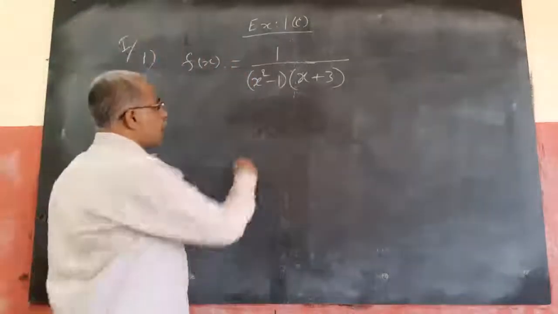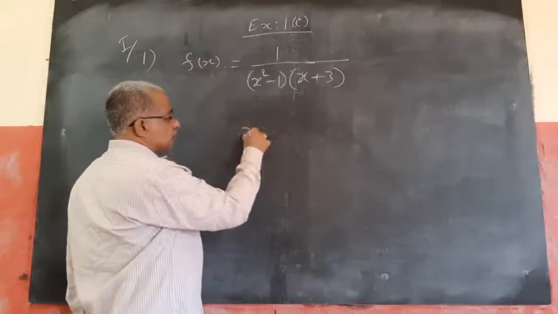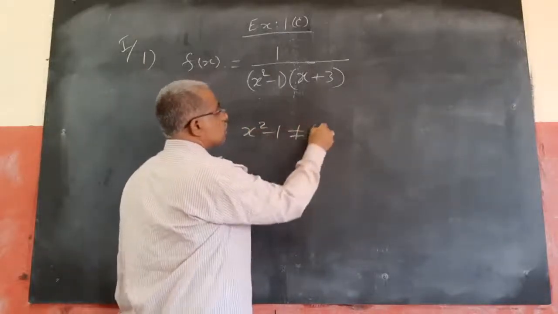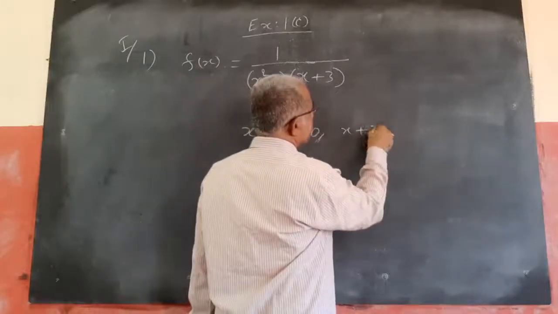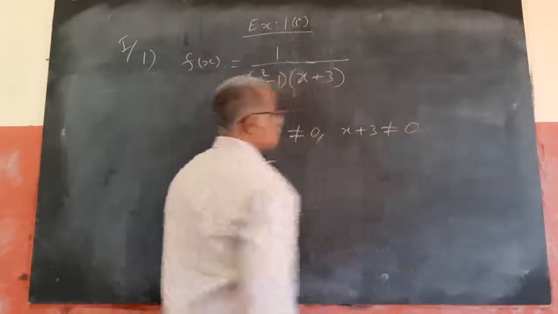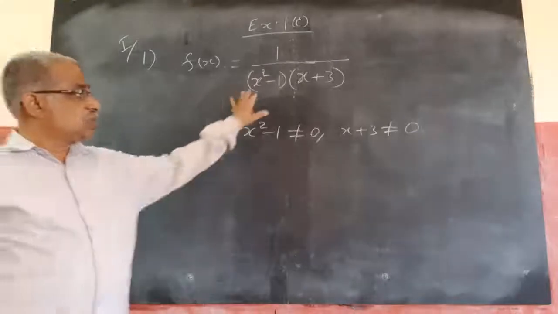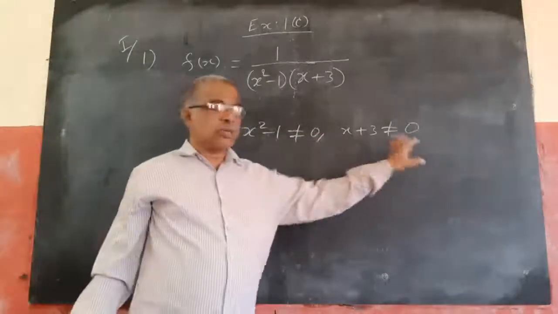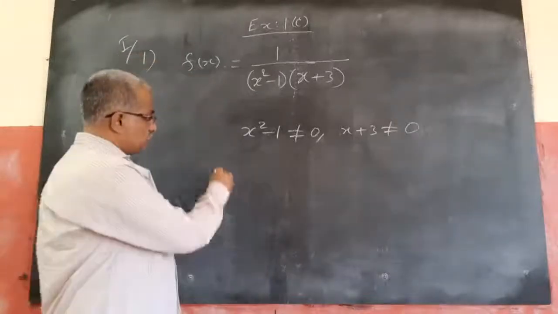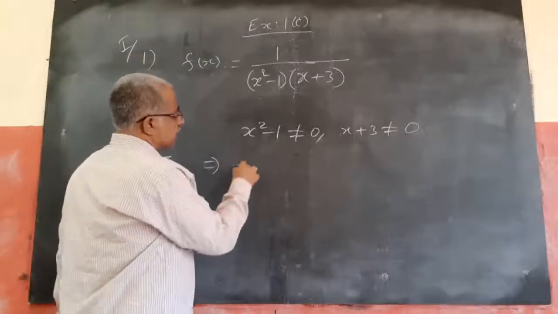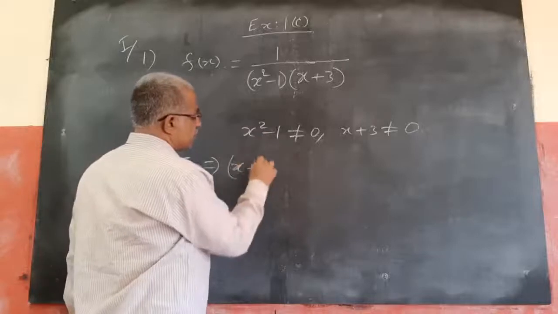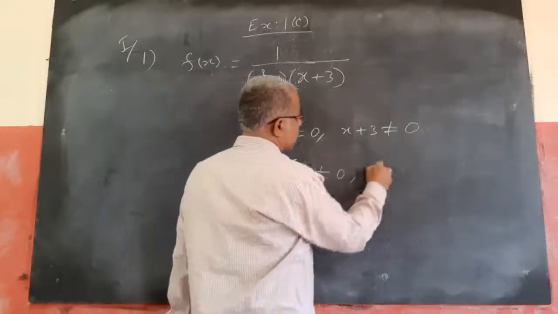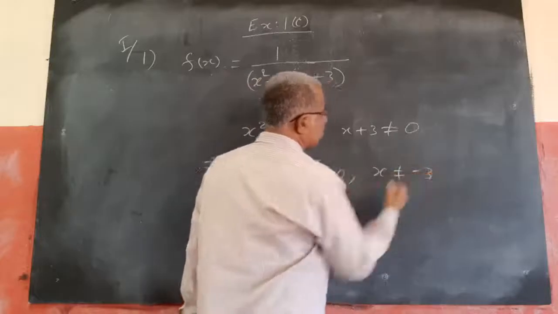Means domain is x square minus 1 not equal to 0, and x plus 3 not equal to 0. This I can write as (x plus 1) into (x minus 1) not equal to 0, and x not equal to minus 3.